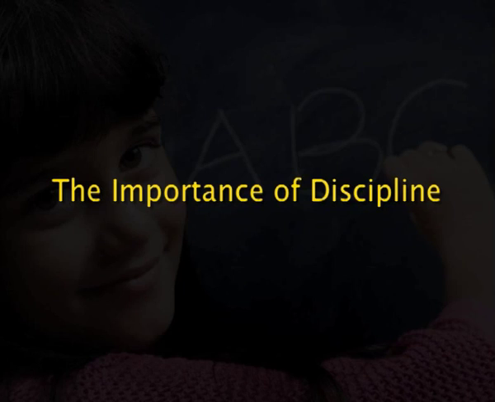The importance of discipline. The aim of discipline is to control or restrict certain behaviors or attitudes that are considered harmful or going against school policies, educational norms, or school traditions. Thus, disciplining students is important to create a safe and enjoyable learning environment.